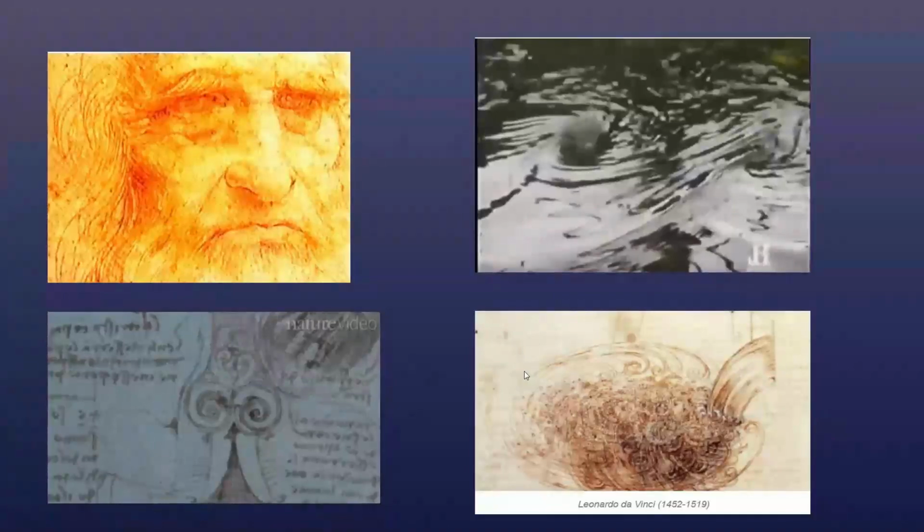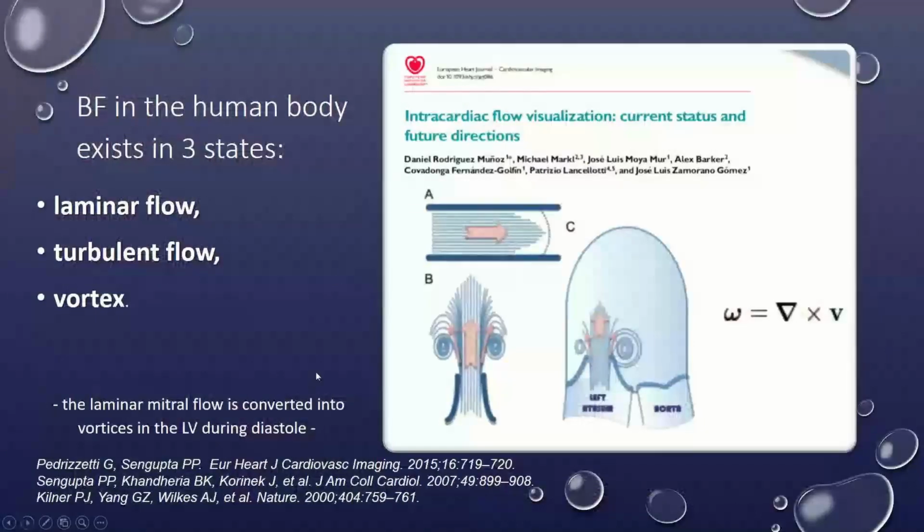So he understood that vortex formation should have a role also for the cardiocirculatory system of the human being. And those are his drawings, where he first demonstrated the vortex formation in the sinus of Valsalva, and he reached this concept without any imaging technique, just by looking at nature. And indeed, blood flow in the human body exists in 3 states: laminar flow, turbulent flow, and vortex.